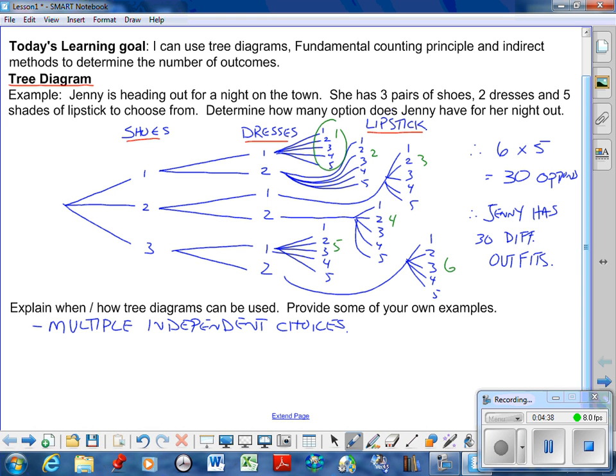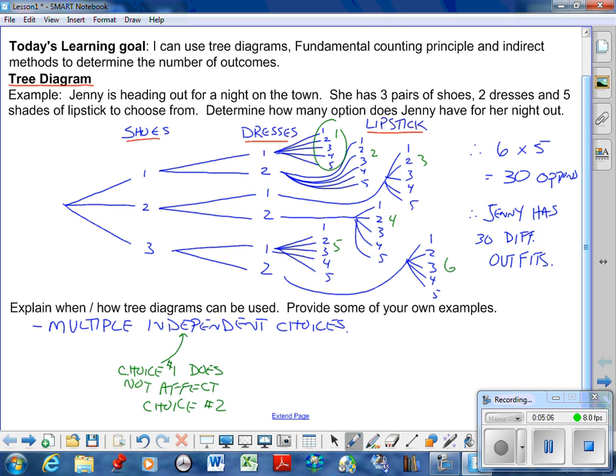And independent simply means, keep it simple, choice number 1 does not affect choice 2. It doesn't matter what pair of shoes she was going to wear, she still had 2 dresses to pick from.